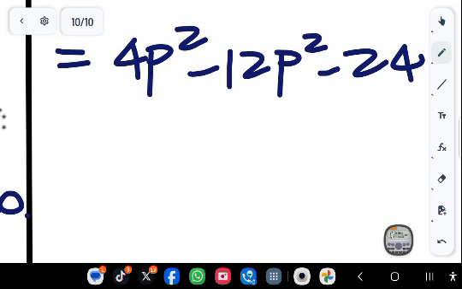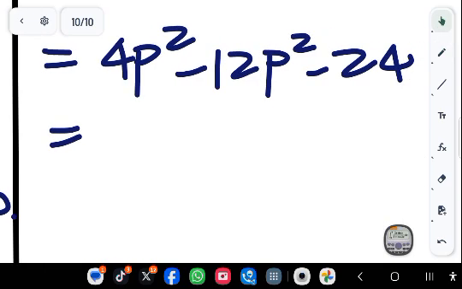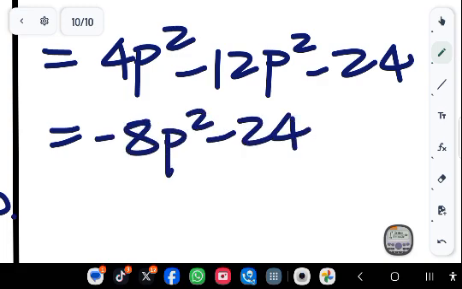Let's add like terms. 4 minus 12 is negative 8. So we get negative 8p squared minus 24.